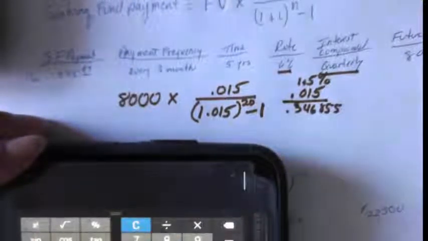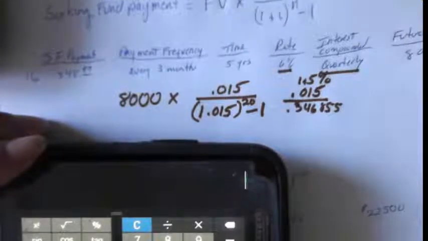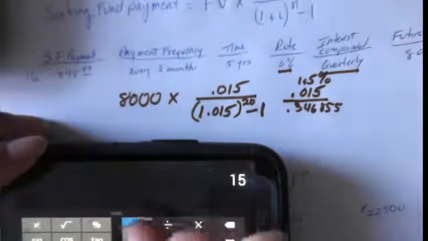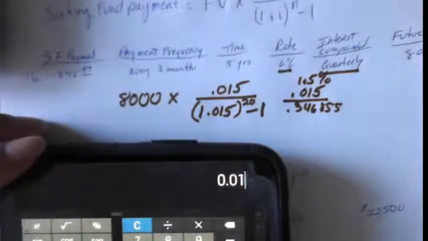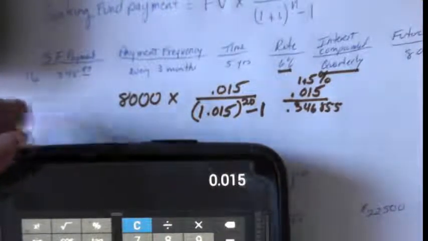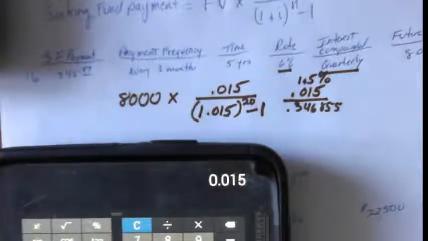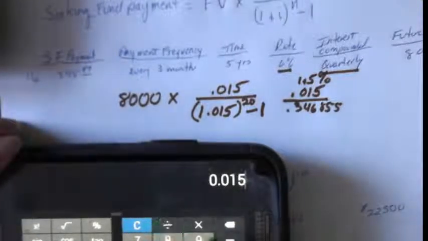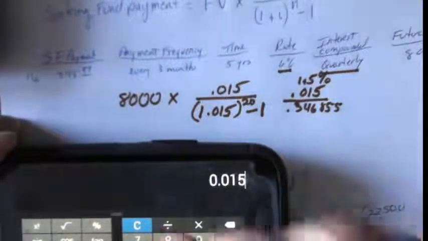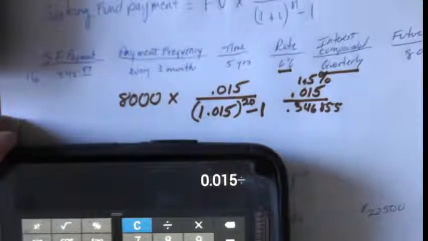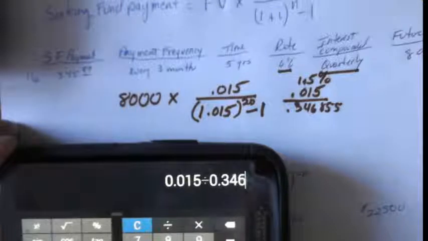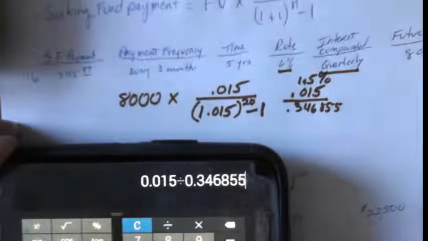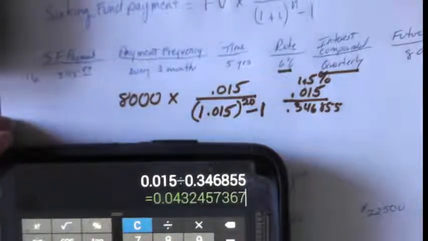So we go back to our calculator then and go 0.015 divided by 0.34685 equals.